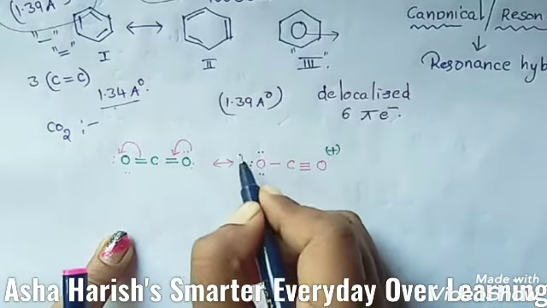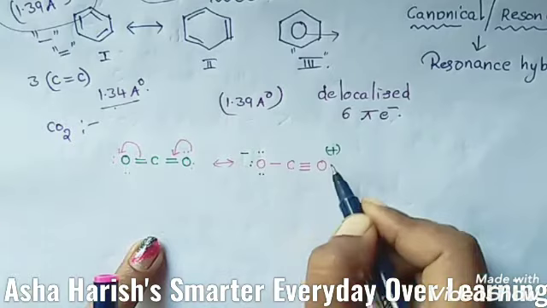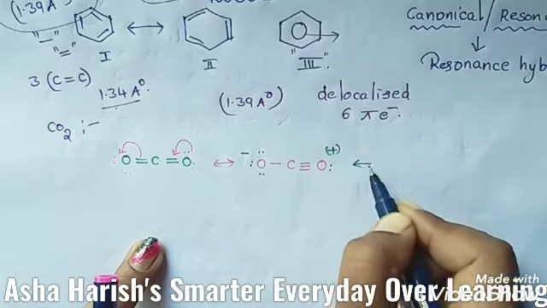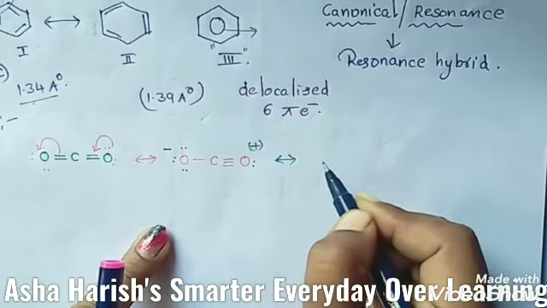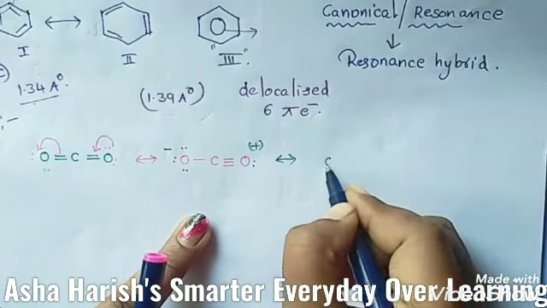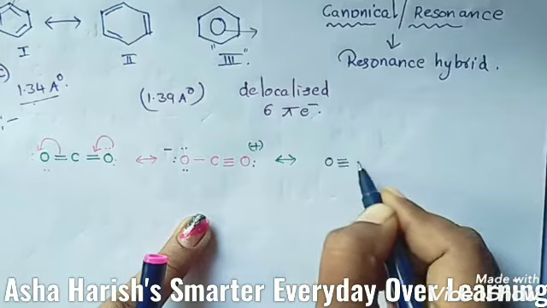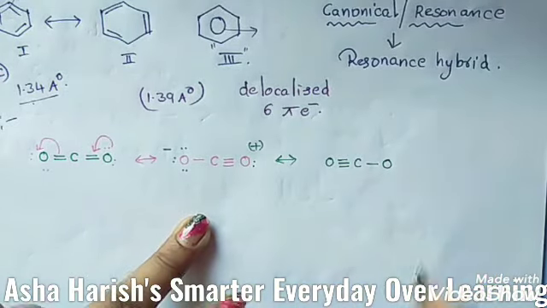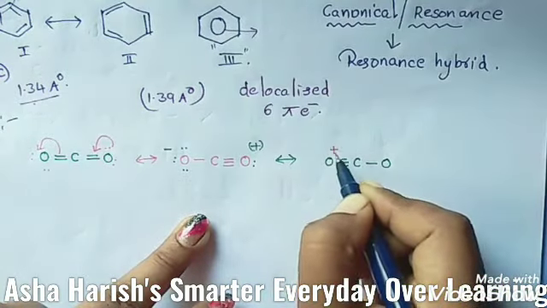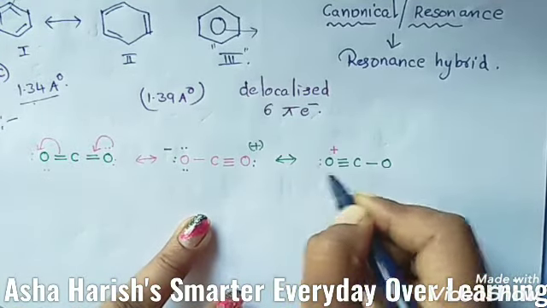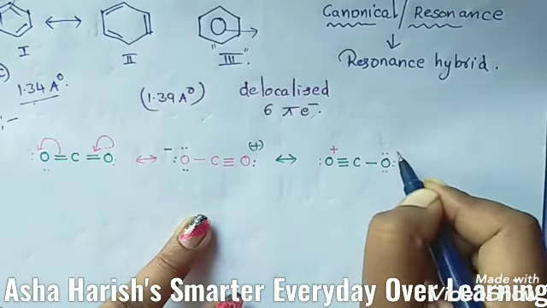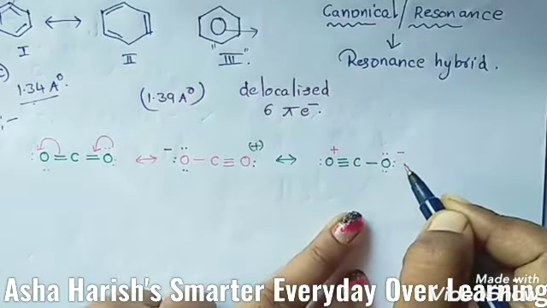By shifting of 1 electron, a negative ion is formed here, with only 1 lone pair. We can represent this same structure as O triple bond C single bond O, with a positive charge, lone pairs, and a minus. This is the negative ion.